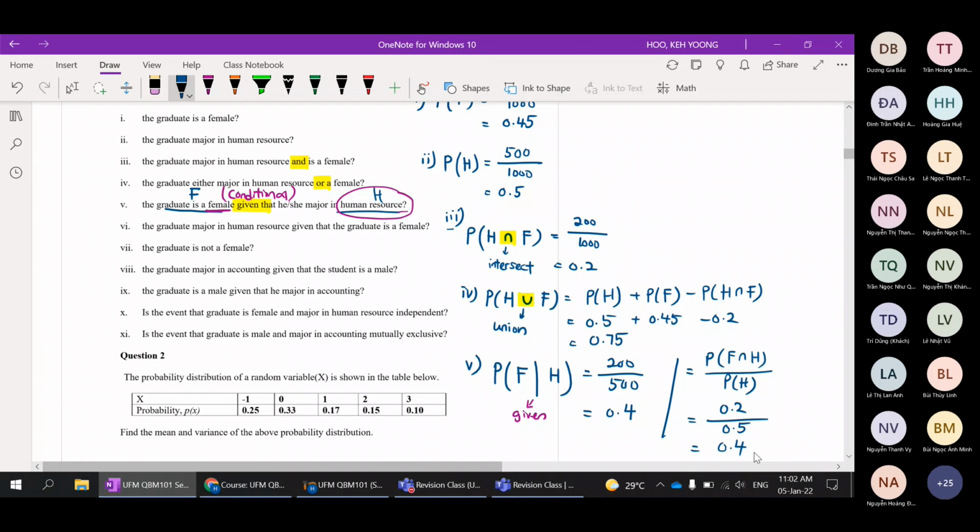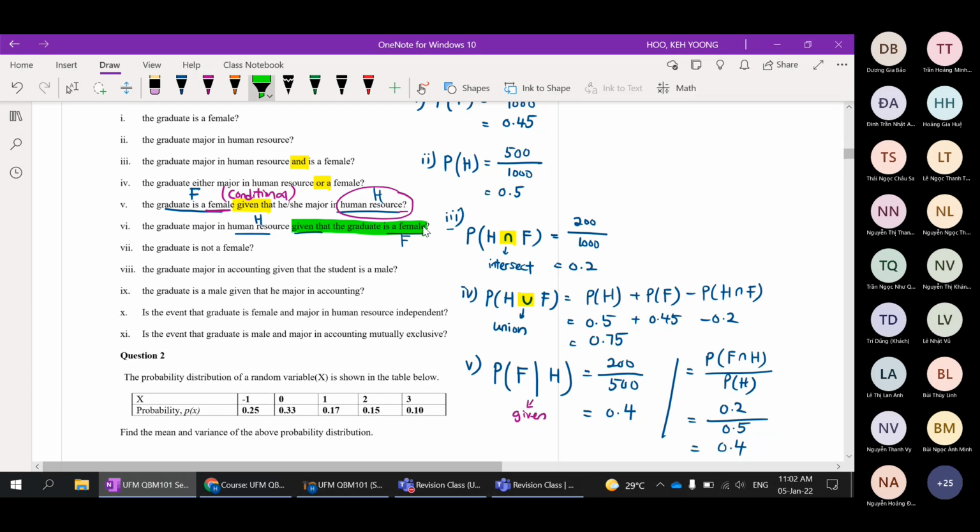Okay, next question. The graduate majors in HR, given that the graduate is a female. So what is the given event here? Given that the graduate is a female, we know that the graduate is a female already.